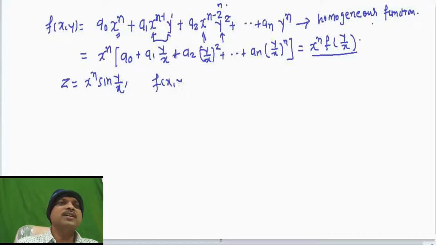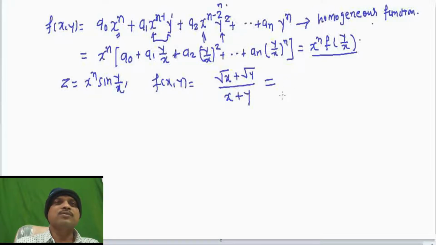Whereas if we consider f of x comma y equal to under root of x plus under root of y divided by x plus y, it is not easy to recognize at first how to find the degree of this function. By treating it in the other manner, using the other representation of f, we can easily find the degree.